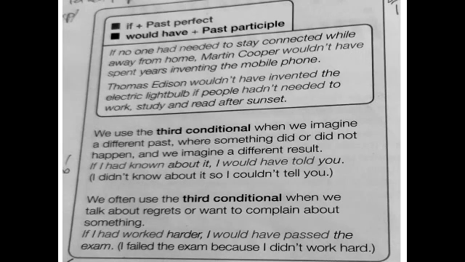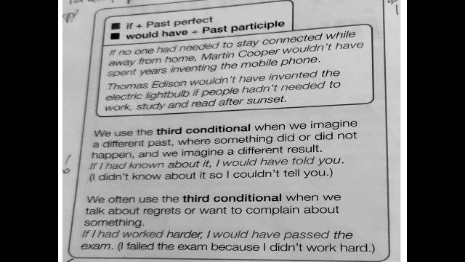With reference to this third conditional, if there is an if clause, it will carry past perfect, meaning had plus the third form of the main verb, and the next part of the sentence would carry would have plus past participle. It means if had is there, in the next part would have will be there.